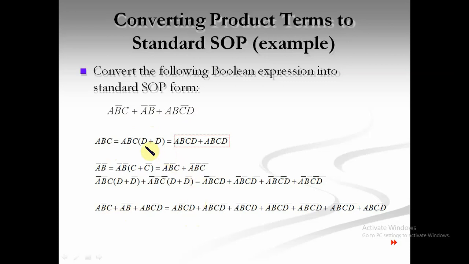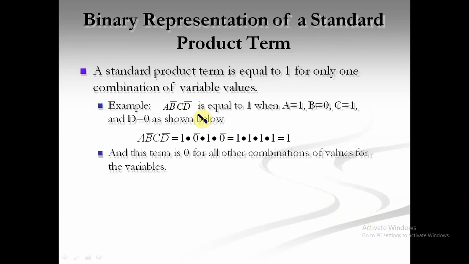After putting in the missing terms, we get the equation: A B bar C D, A B bar C D bar, and so on. The missing terms are put together, and the last term is the one given in the example.